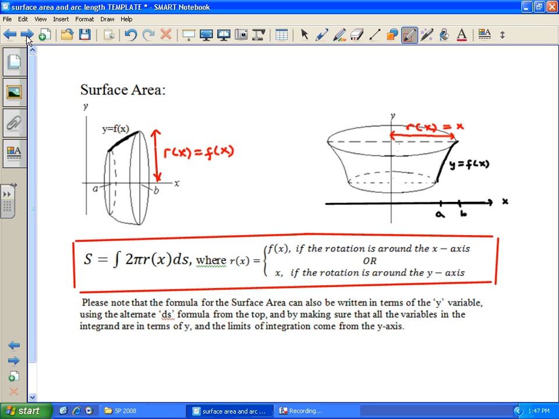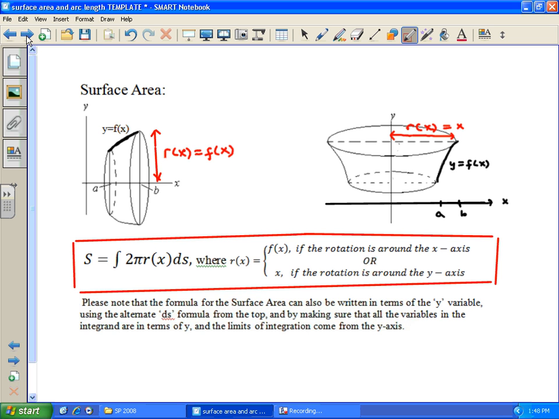Okay. What is the radius of rotation? If the rotation is around the x-axis, look at that figure. What is going to be the radius of the rotation? R of x will be the same as f of x. What if the rotation is around the y-axis? What will be the radius of the rotation then? R of x will be the same as just x, okay? But the formula doesn't change all that much.